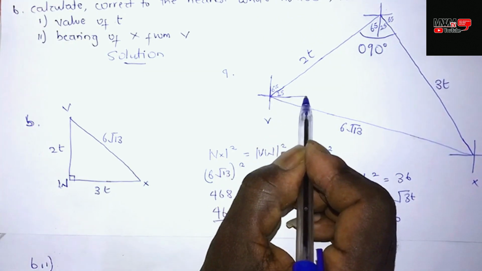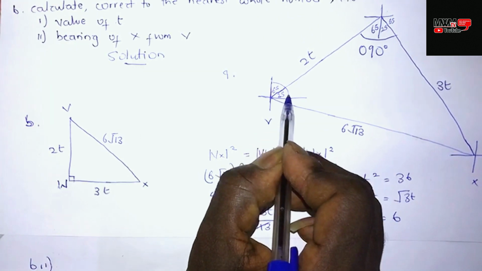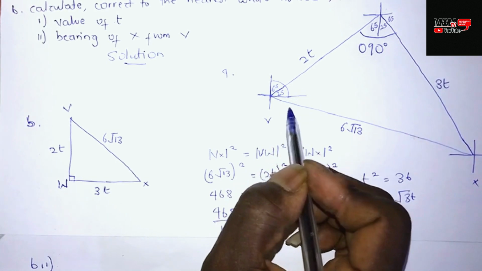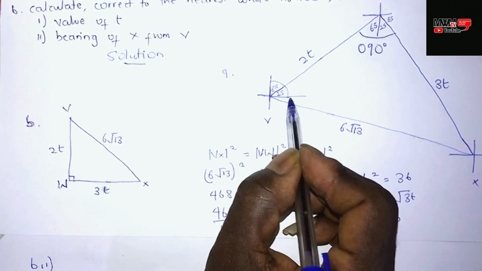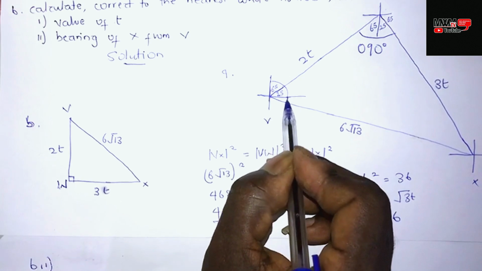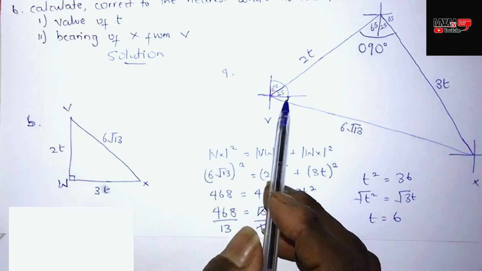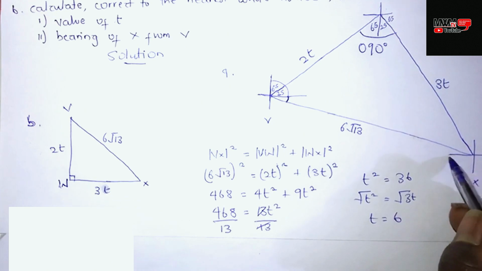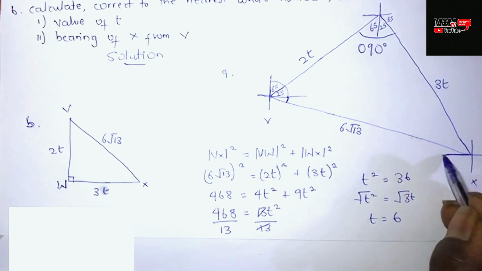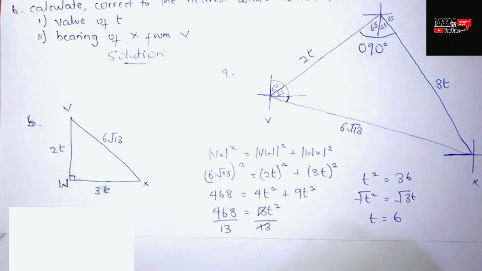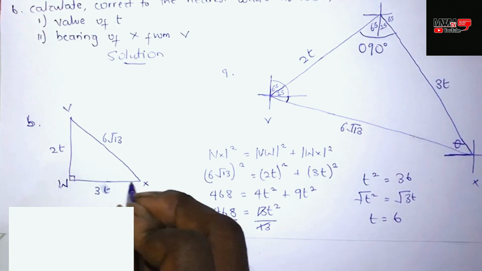If I extend this, already I know this side is 90, so I have to turn 90 plus this small angle here. So how then do I get that angle? You realize that the angle here alternates to the angle here. So if I'm able to find this angle, I can add it to 90. Before that, let me put theta here. So theta is at where X is.